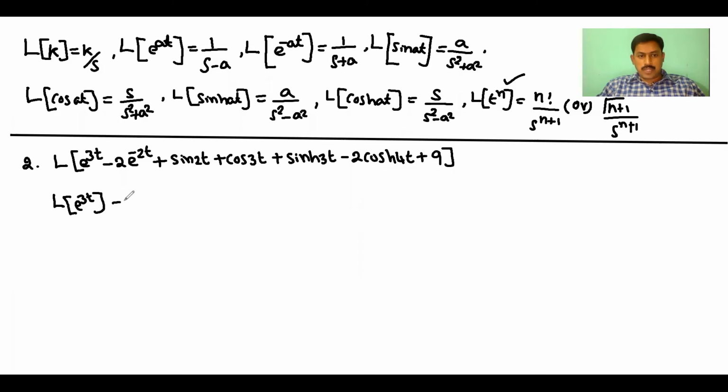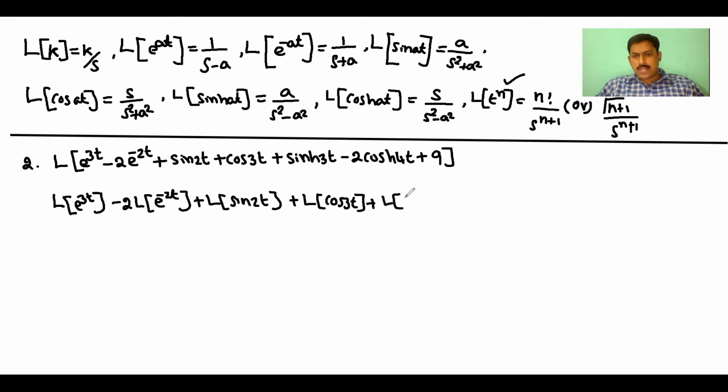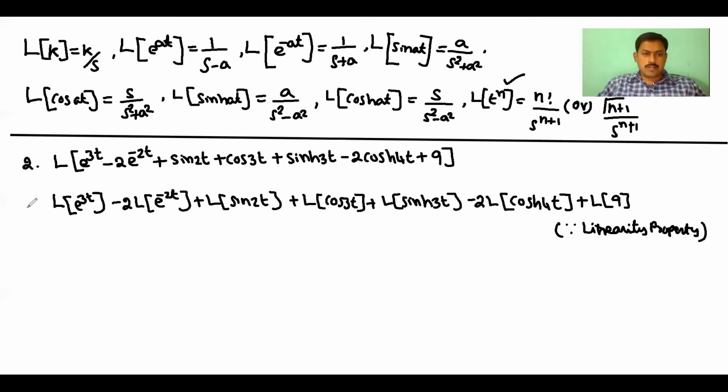L of e power 3t, minus 2 is a constant, take it out, L of e power minus 2t, L of sin 2t plus L of cos 3t plus L of sinh 3t, minus 2 is a constant, take it out, L of cosh 4t, and the constant as it is, L of 9. Since we are using the linearity property, we have written the terms.